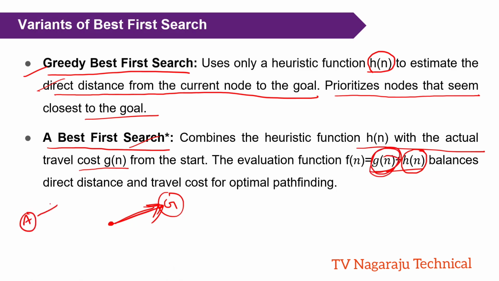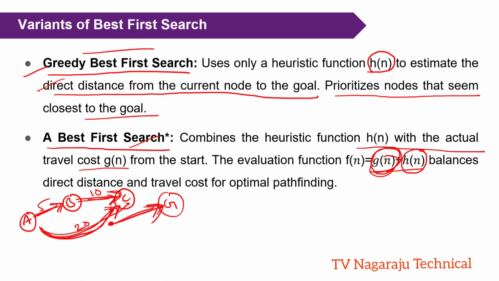For example, A to B to C. Suppose in the greedy approach, it just observes the direct distance, and I am using this path. Assume this cost is 20, this is 5, this is 10. The A star search algorithm, along with the distance, also considers the cost. Compared to 20, 5 plus 10, which is 15, is the better one. You got it? If you want to move from one city to another city, generally both the methods do the same procedure, that is visiting the next city.